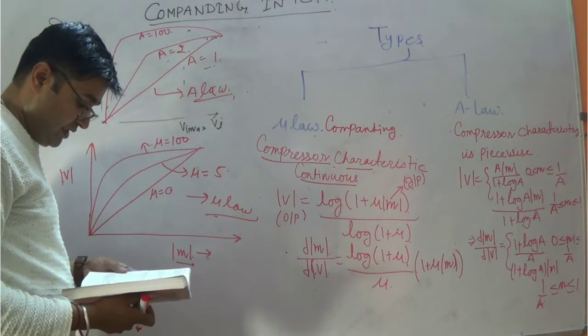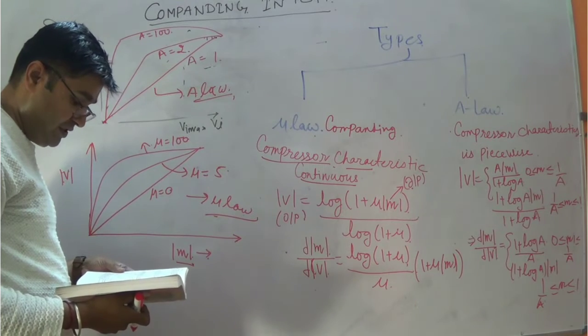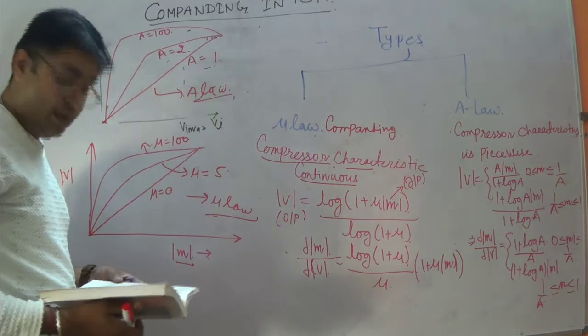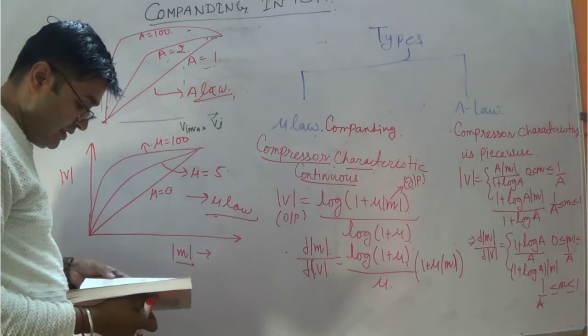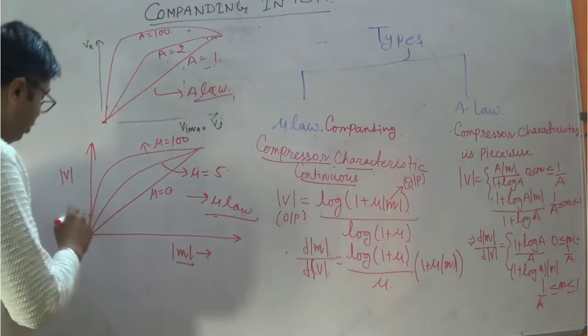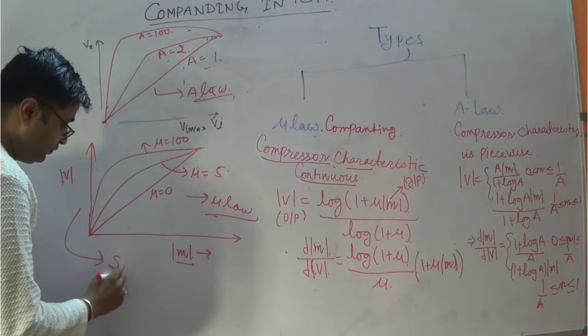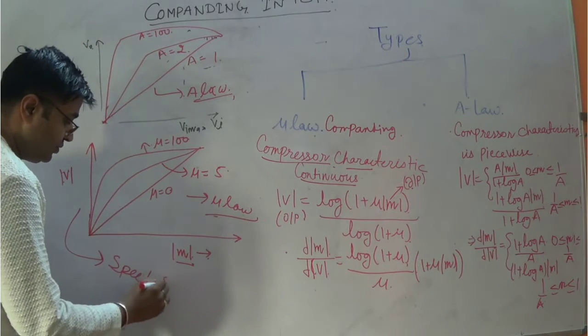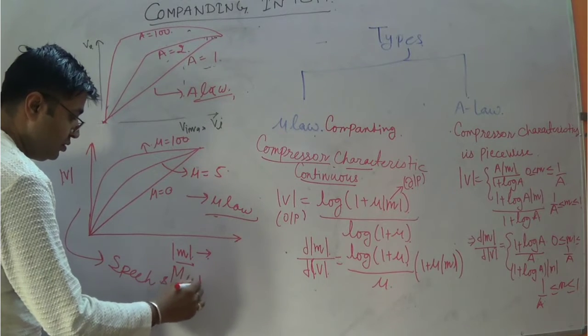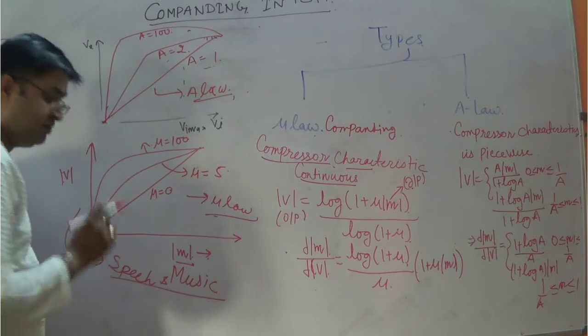Now mu law compression is used for speech and music signals. This is used for speech and music.